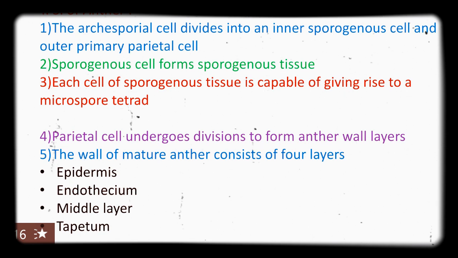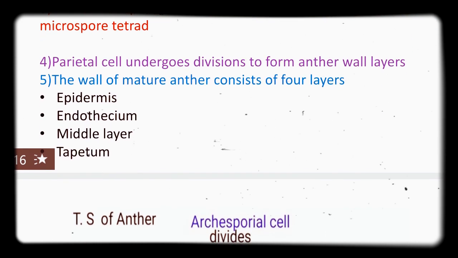These are the functions of the sporogenous cell. Then the outer parietal cell undergoes divisions to form the anther walls, and the wall of the mature anther consists of 4 layers: epidermis as the outermost layer, beneath it endothecium, beneath it the middle layer, and as the lowermost layer the tapetum.